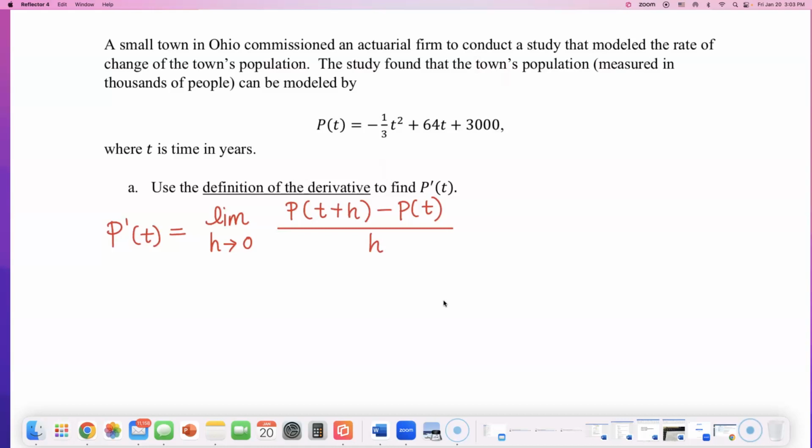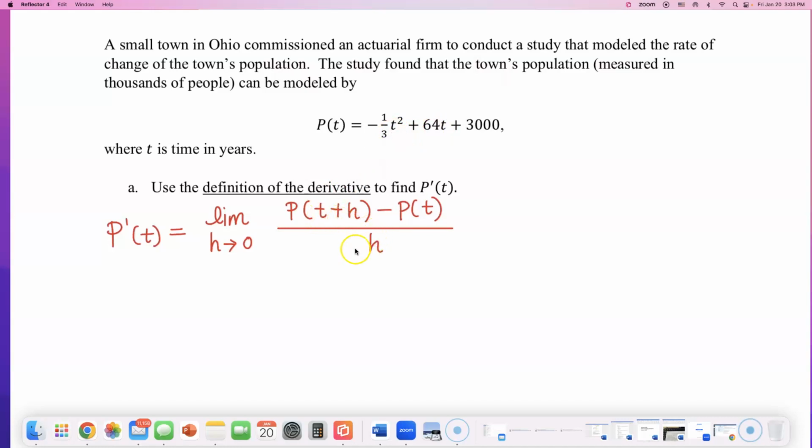It's the same difference quotient formula. I just replaced the function name f by P, and usually we use the letter x for our input variable, right? But this one is using t, so I just changed that to t instead of x.